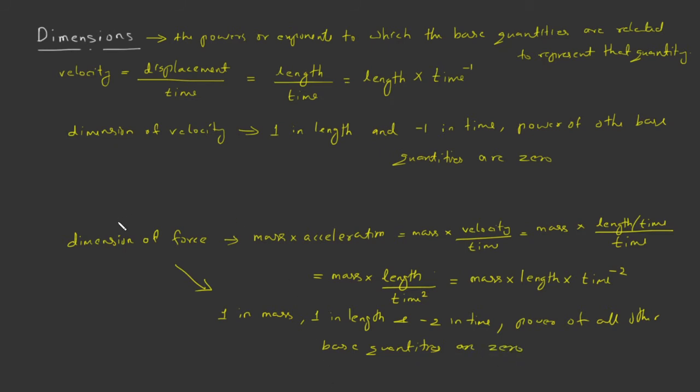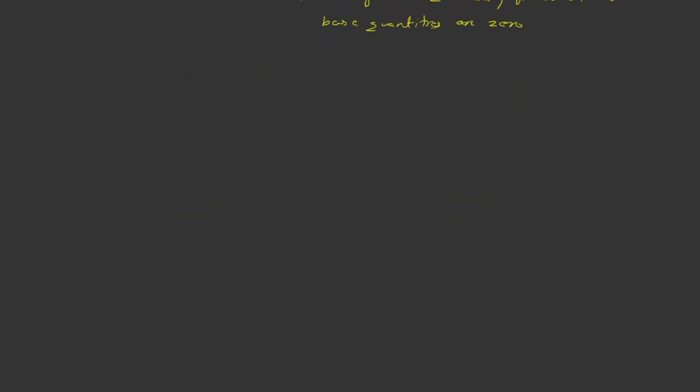So I think you understood what is dimension of a physical quantity. But it is not easy or convenient to write like this. So to represent each physical quantity, we are using some letters. Now we are going to understand the letters generally used to represent the 7 base quantities. First, mass.